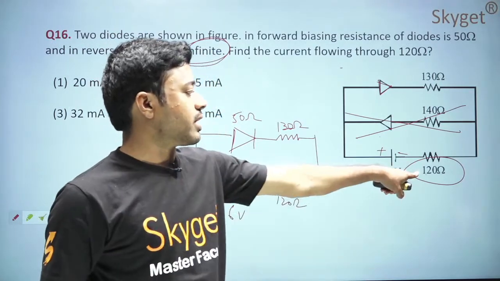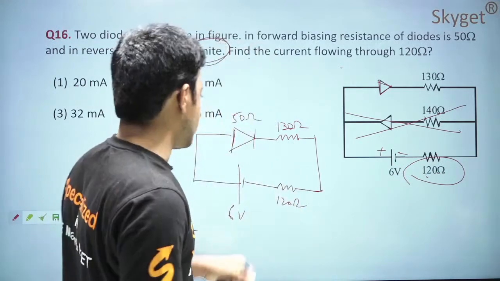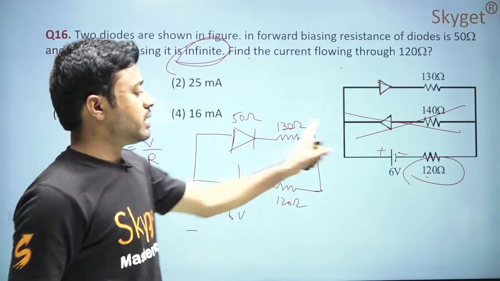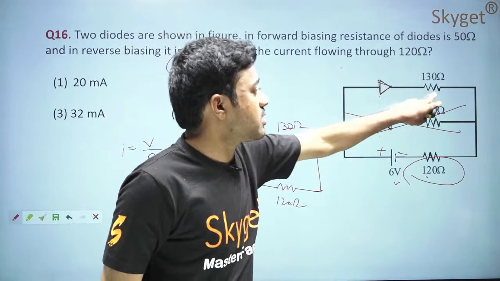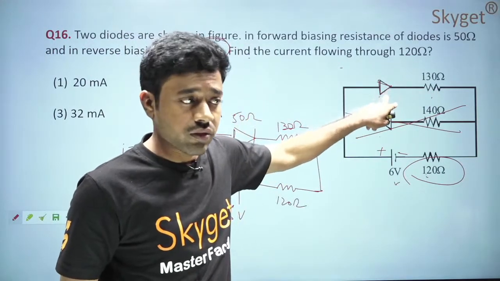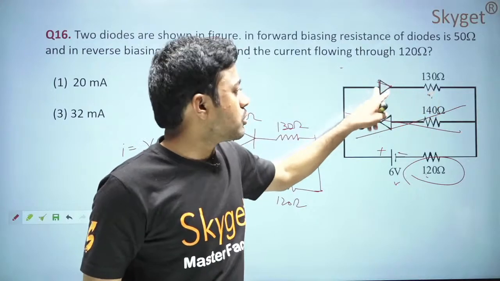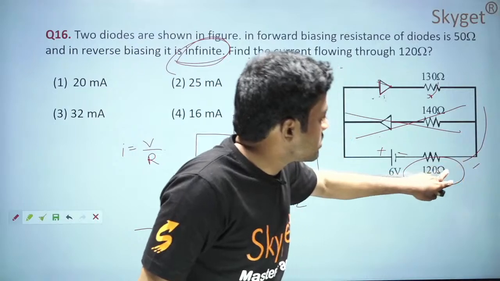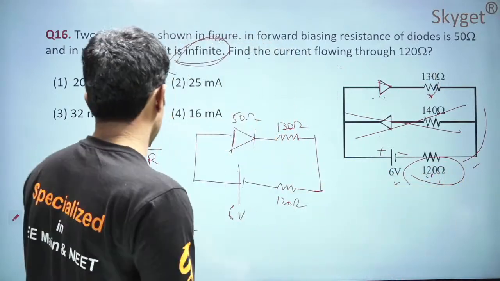Then you have to find the current passing through this 120 ohm resistor. First, from Ohm's law, I is equal to V by R. The voltage here is 6 volts. Then what is the total resistance? The diode has a resistance of 50 ohms, connected in series with the resistance of 130, so 50 plus 130 is 180, which in turn is joined with the resistance of 120 ohms. So 180 plus 120, that is 300.